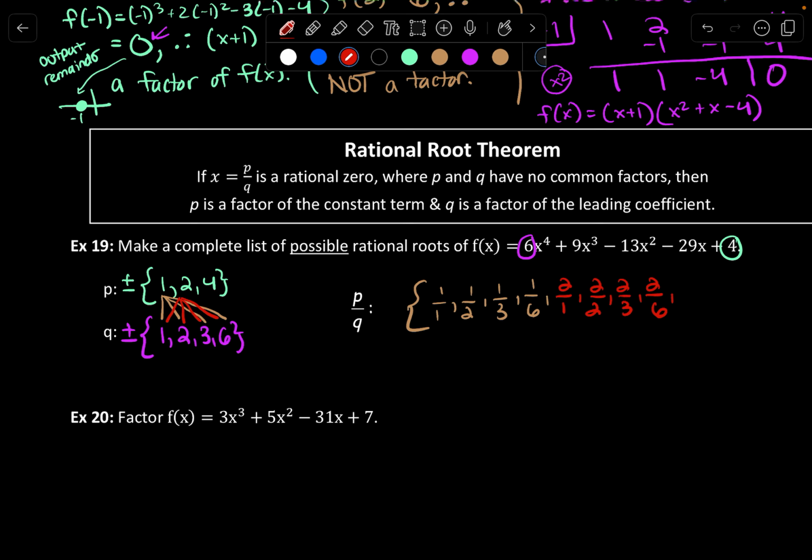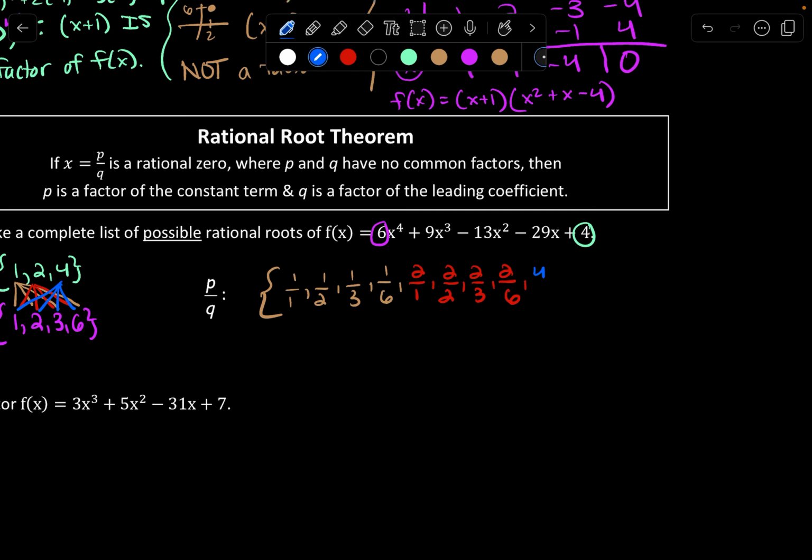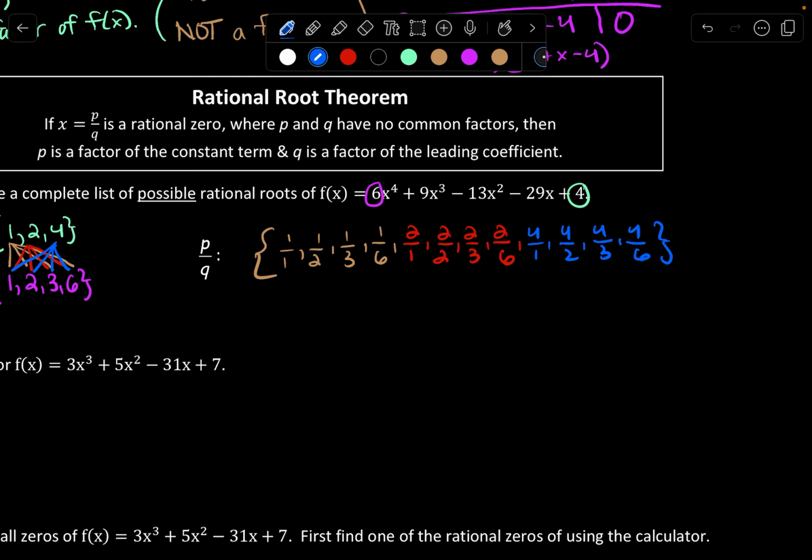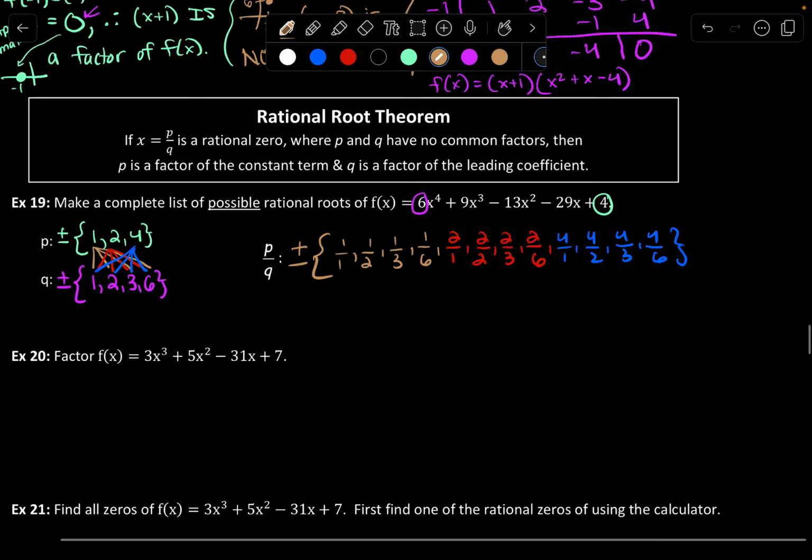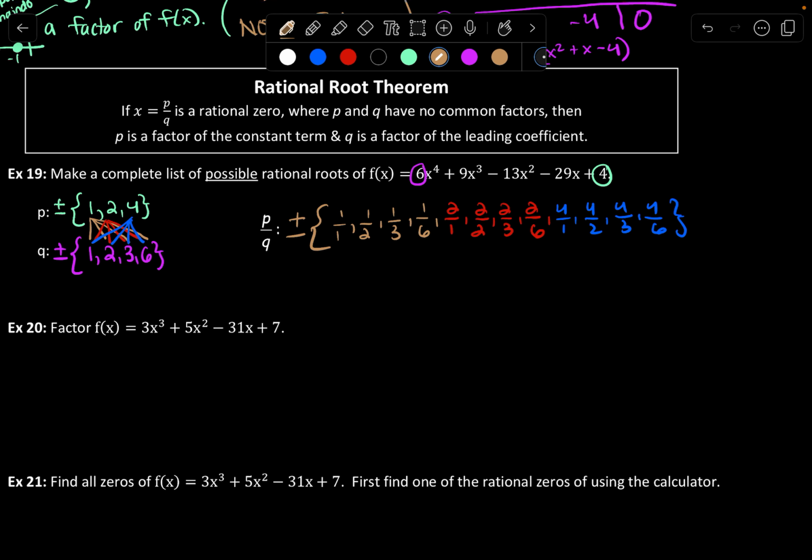And then next, we'll have 4 over 1, 4 over 2, 4 over 3, 4 over 6. Okay, and then we can't forget the plus or minus. We chose some popular numbers here.